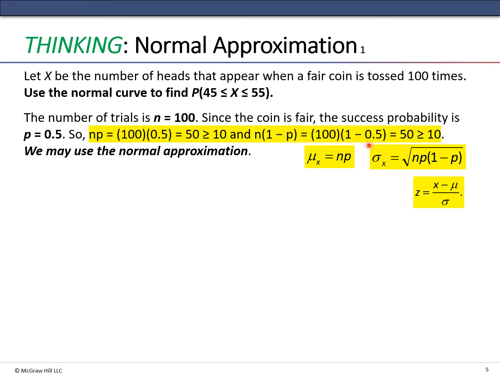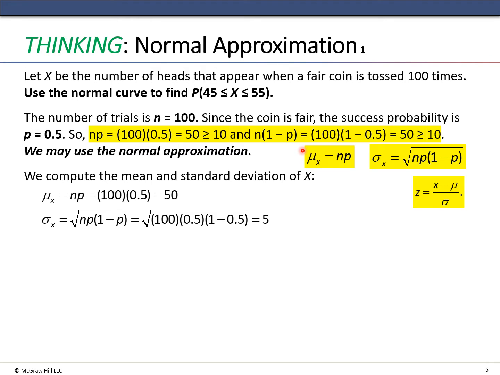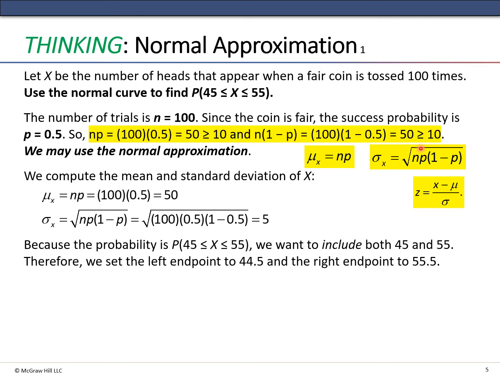and do our calculation here. So our mean value is n times p, or 50. Our standard deviation is the square root of np times 1 minus p, and we get 5 there. From this, we can calculate our z-scores.